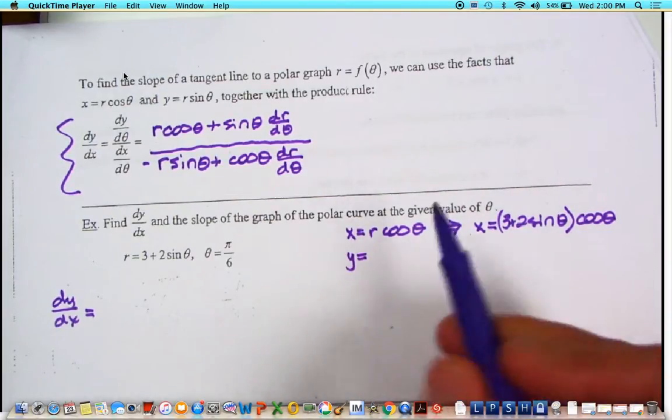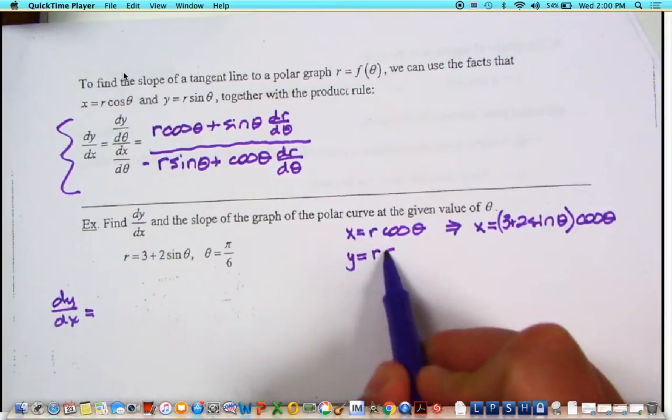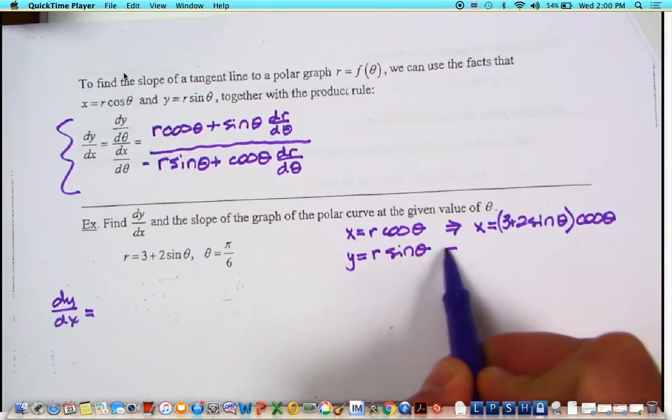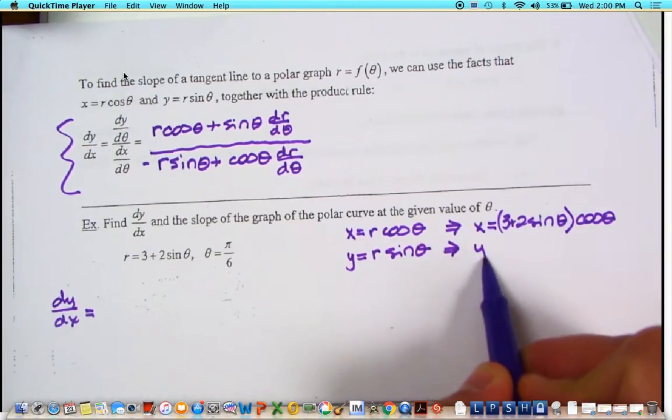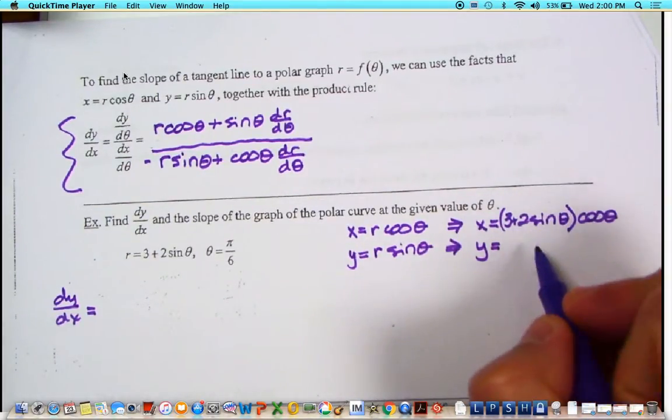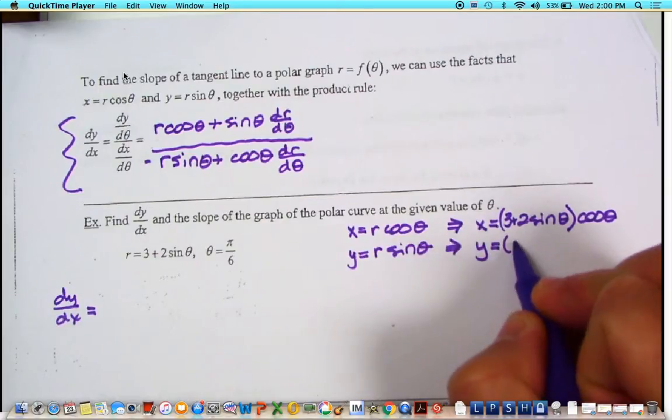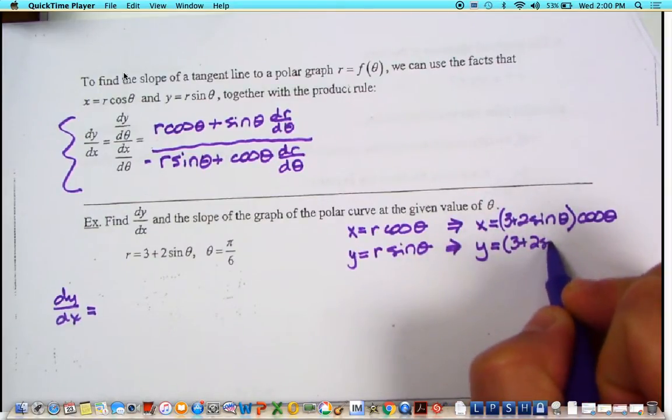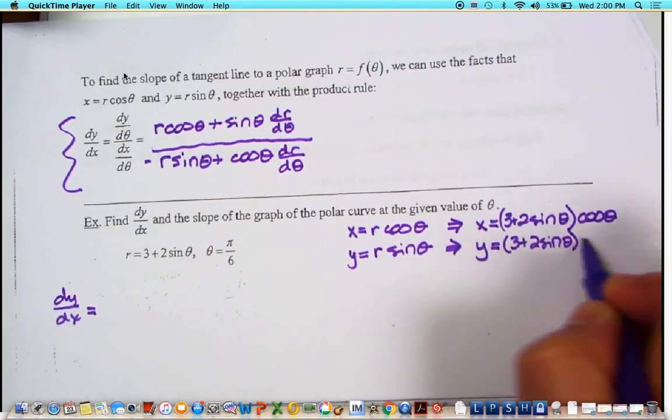And y is equal to r sine theta, which means that y is equal to 3 plus 2 sine theta times sine theta.